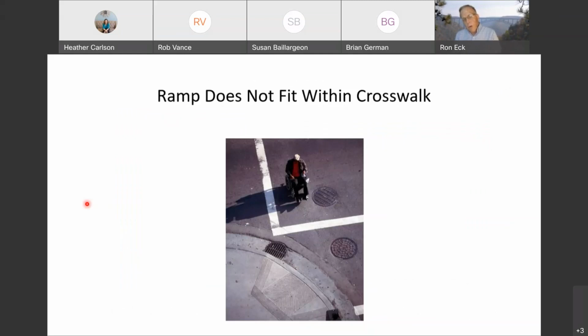Notice, to get from the crosswalk into that ramp, this individual has to leave the protection of the crosswalk. And if you look closely, notice they have their back to traffic, which is very disconcerting. So from a safety standpoint, this is not a good situation. That individual cannot keep an eye on the motor vehicles that are approaching him.